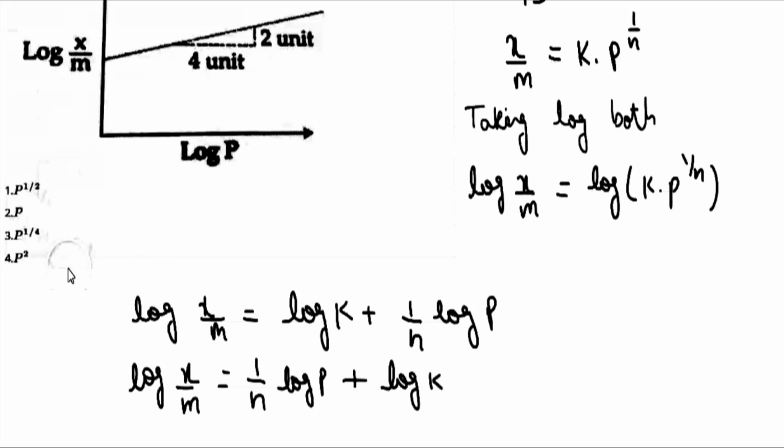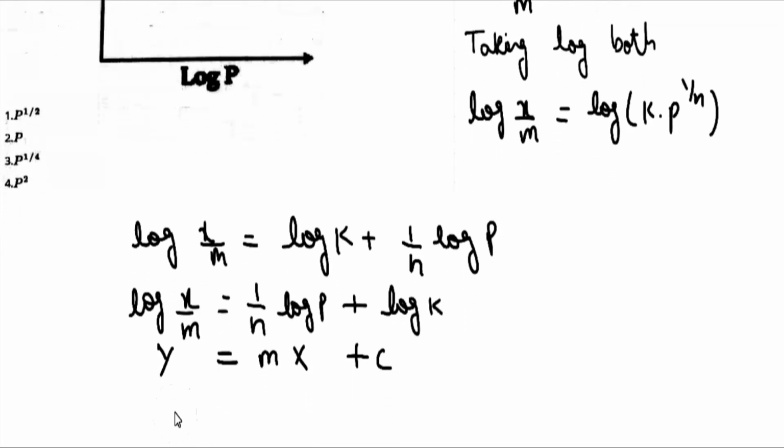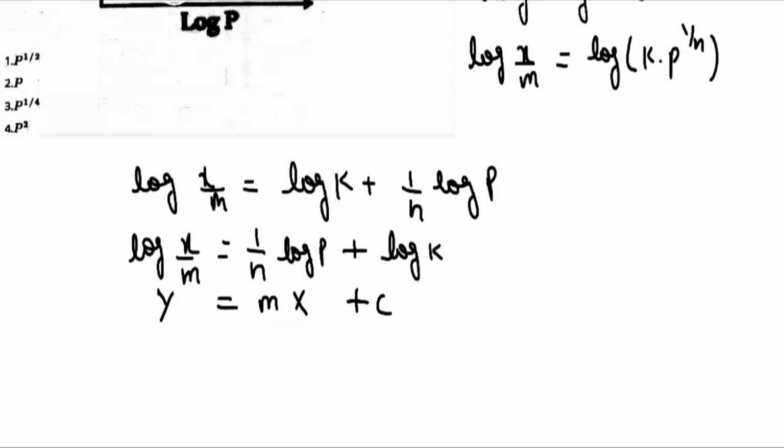This equation is similar to the equation of a straight line, that is y equals mx plus c. So according to the question, the slope m is equal to 1 by n.